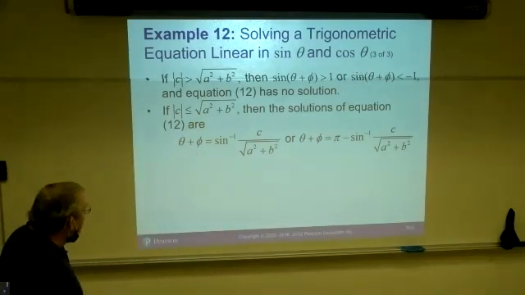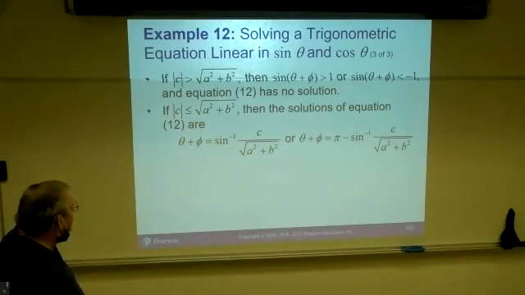And so the inverse sine of c over that is what alpha plus b is.